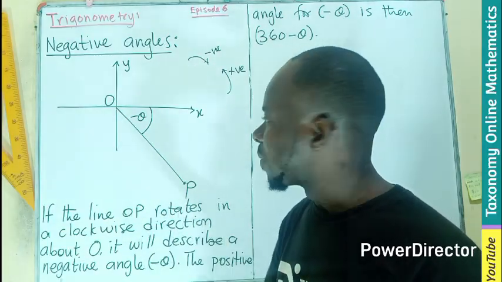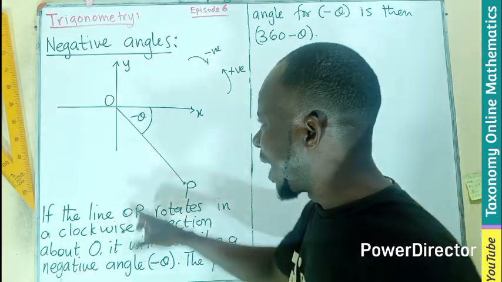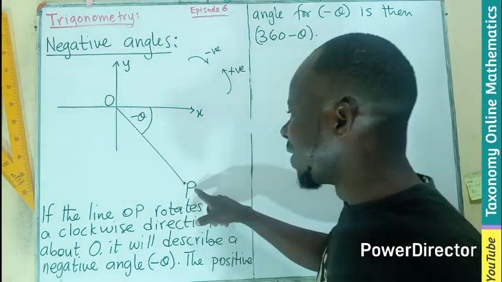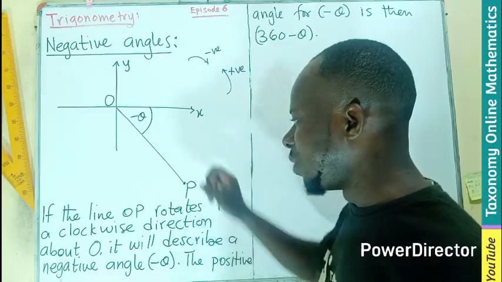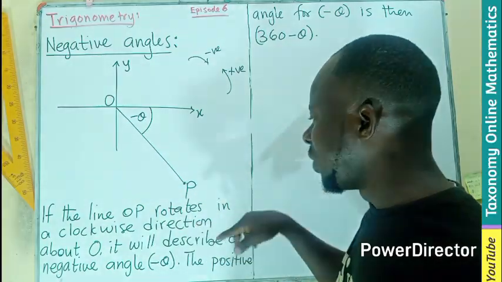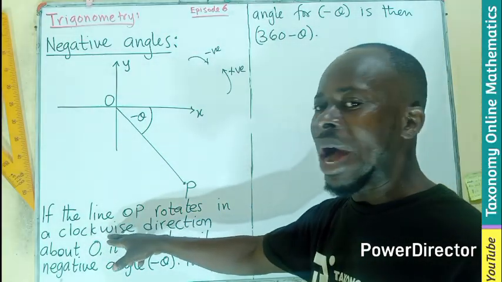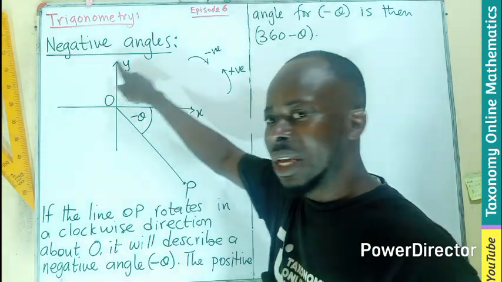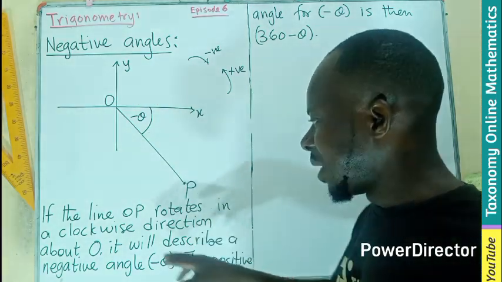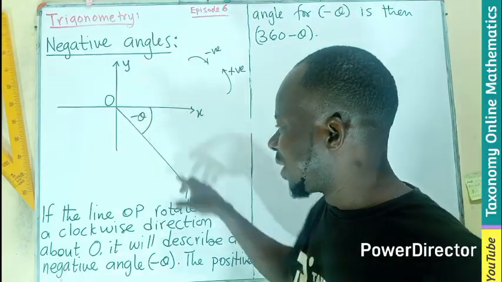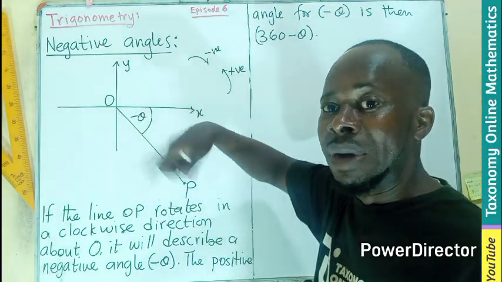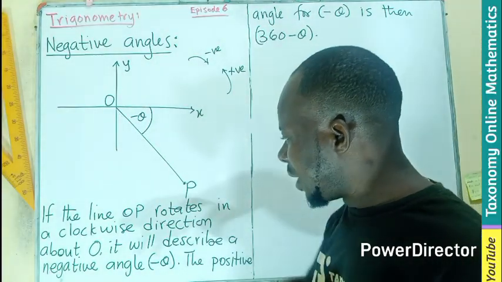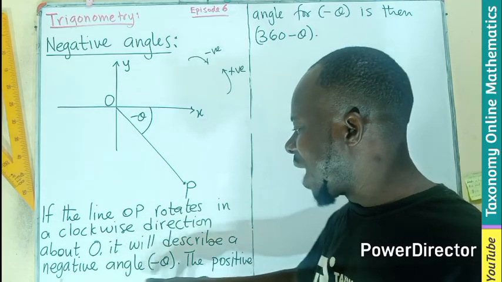So here they say if the line OP, where this is the origin and this is a point here, rotates in a clockwise direction about the origin, it will describe a negative angle.